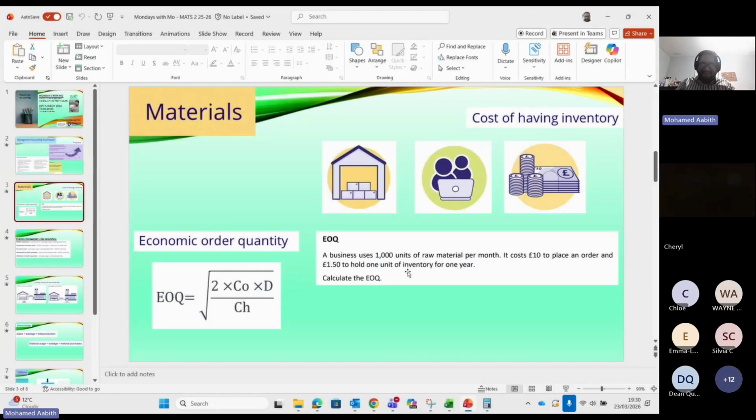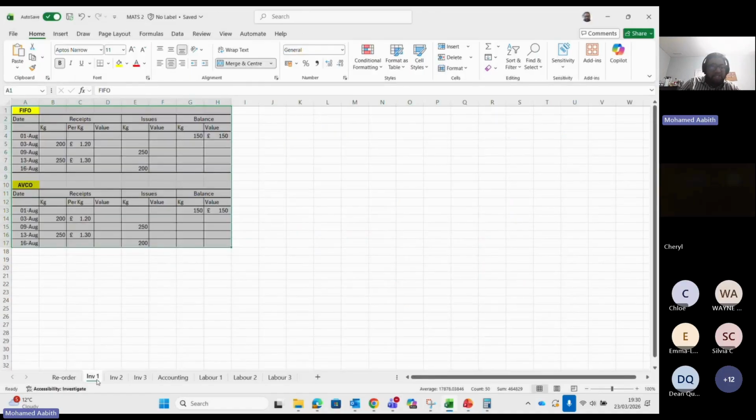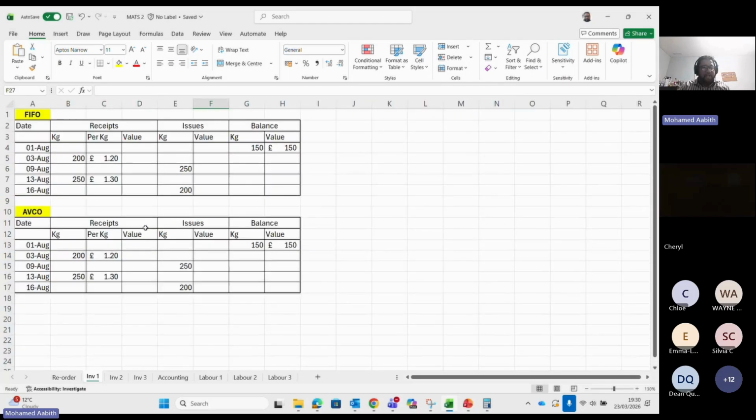Food for thought. So let's look at the next question now, guys. This is the inventory calculation. Here they have given you some information to fill out the boxes. They want you to calculate the amount of balances on the 16th of August using either the FIFO or the AVCO method.